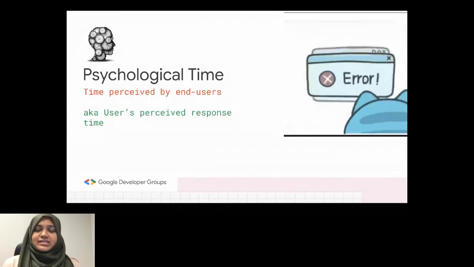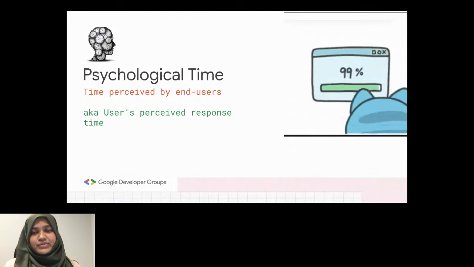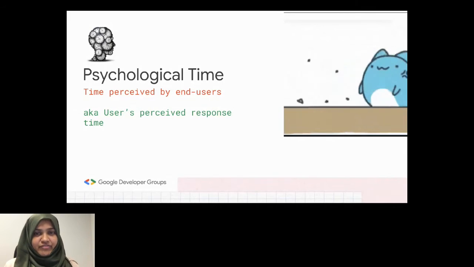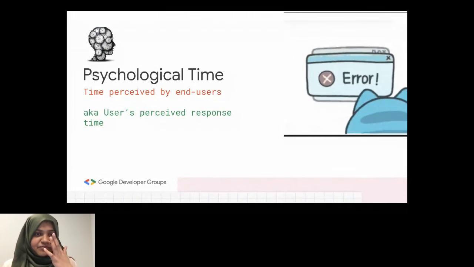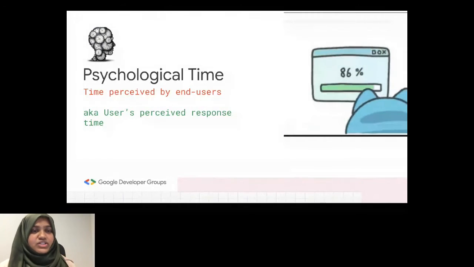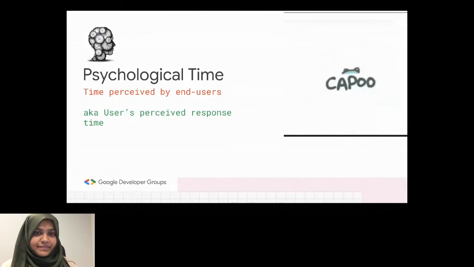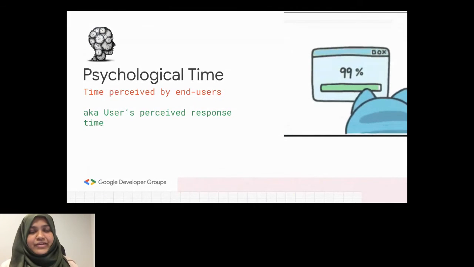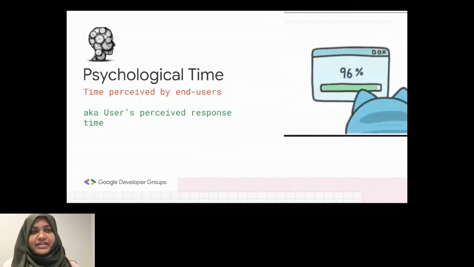So psychological time is actually a very well-known term in psychology, and this is what we use as user experience experts or user experience engineers working on web apps to measure the user's need for speed. The psychological time perceived by end users will make your users feel more in control.